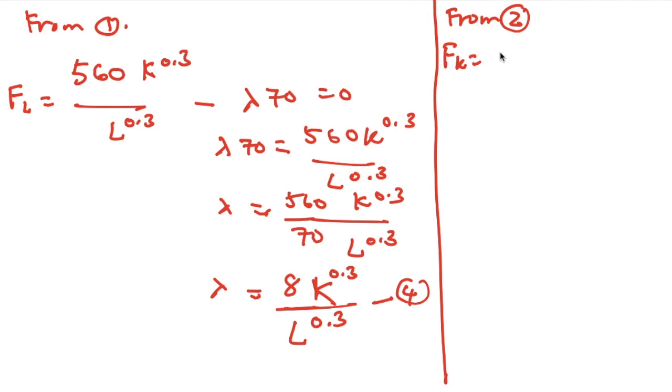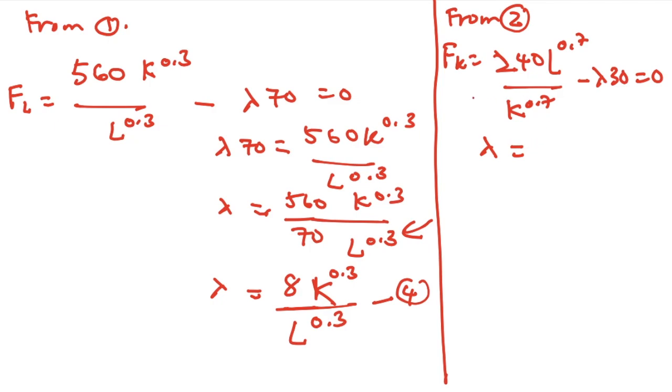So it becomes 240 L^0.7 K^-0.7 minus lambda 30 equals to 0. Rearrange it nicely like this one. I'm skipping the steps, but you can do the same concept, then you get lambda equivalent to 8 L^0.7 over K^0.7. I call this one 5.